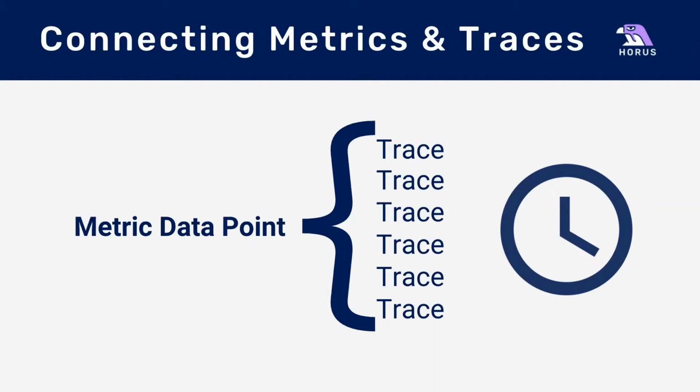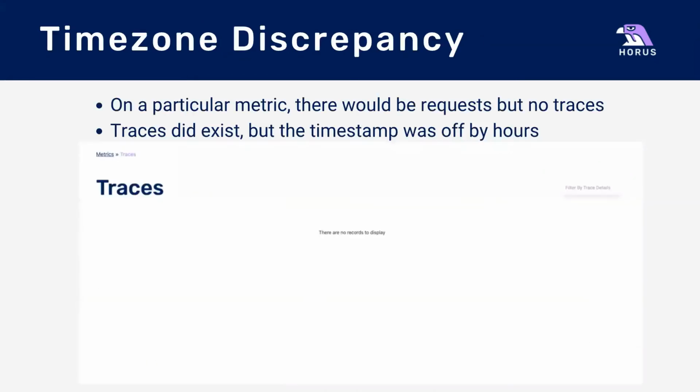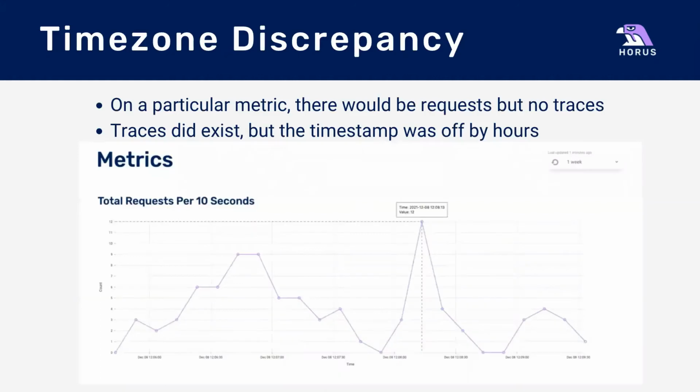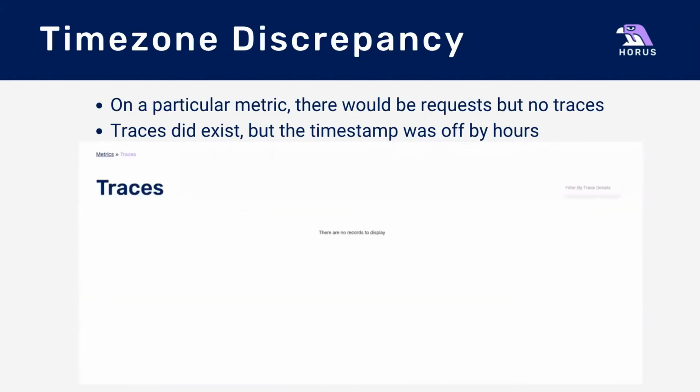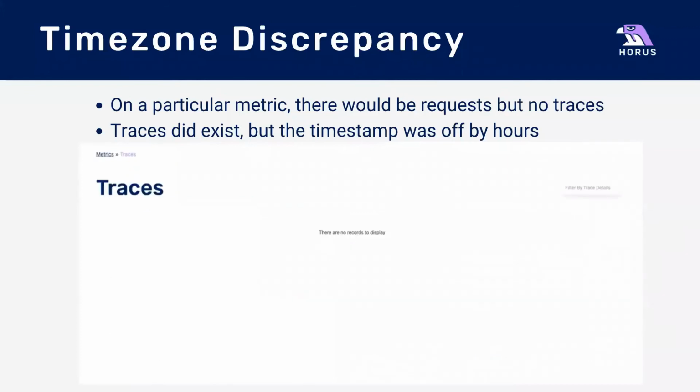The problem was that this connection with time raised another issue: different time zones. This caused issues when we were correlating metrics and traces. When testing if the database was storing traces and metrics correctly, we realized that sometimes the metrics would not be well correlated with traces.